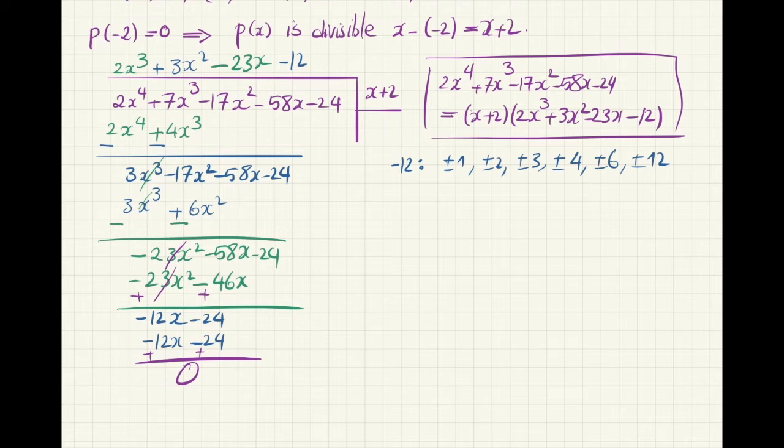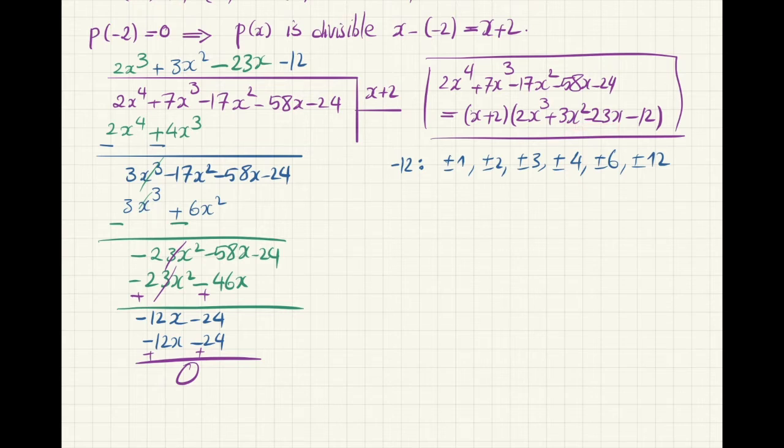If I put positive 2 here, what happens? It becomes minus 46, minus 58. It is not 0. If I put negative 2, then this becomes very positive. It's still not the case.